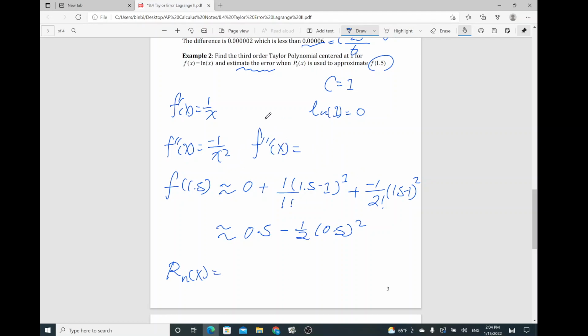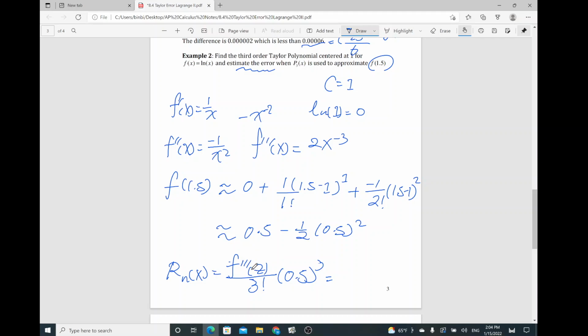The derivative of negative x to the power of negative 2 is positive 2 x to the power of negative 3. So using that formula, the third derivative at z, we don't know what that is, over 3 factorial times x minus c, so 1.5 minus 1, so 0.5 to the power of 3.